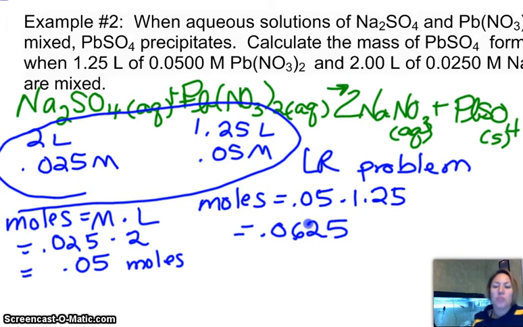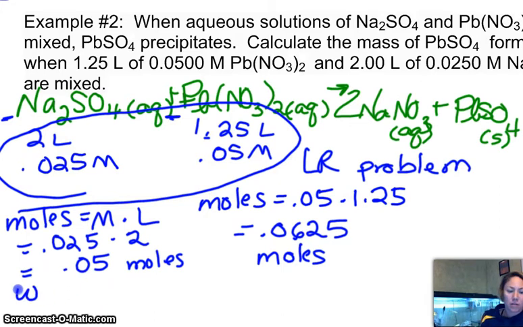Now, typically we would do a mole-mole problem or whatever method that you choose, but here's a little shortcut. These are in a 1-to-1 ratio. They have the same coefficient in the formula here. So that means whoever there is less of is the limiting reagent.